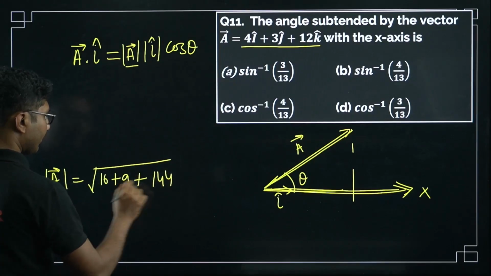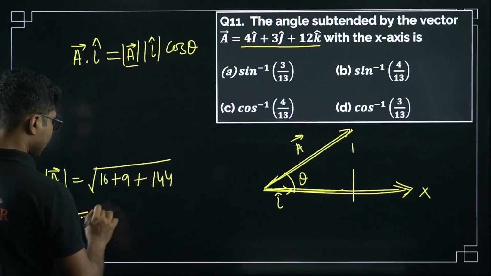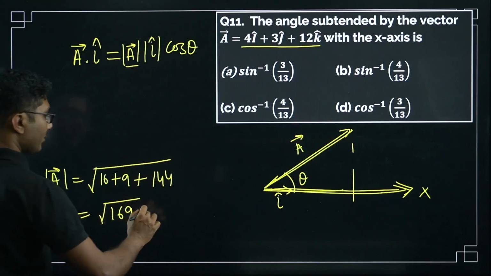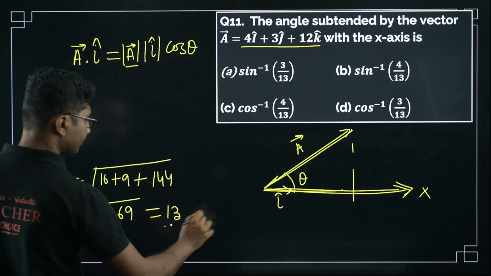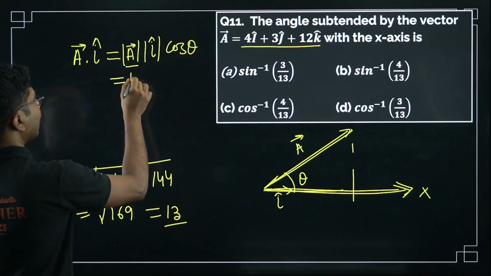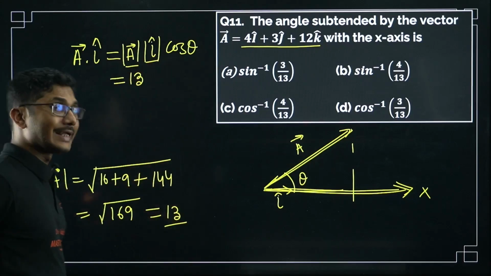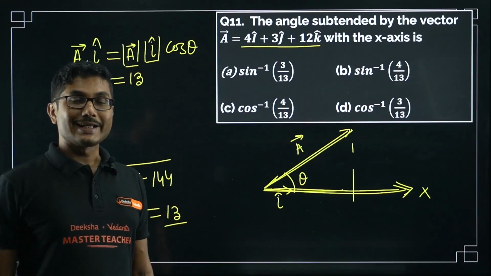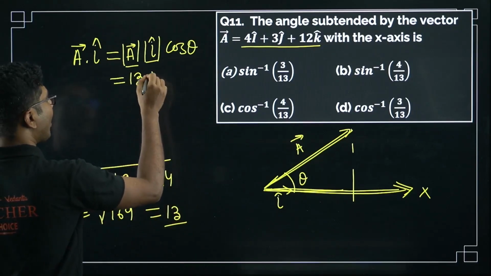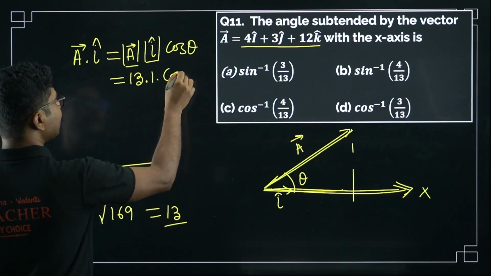So it will be 150, 160, 169. So 169 square root is 13. Right, so this side we got 13. Magnitude of i cap. What is i cap? I cap is a unit vector, so its magnitude is only 1 into cos theta.